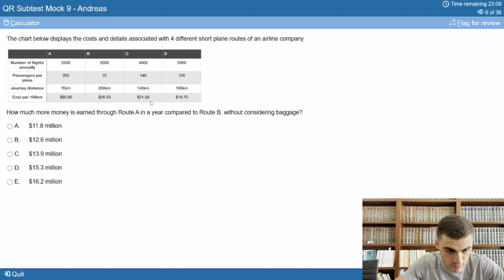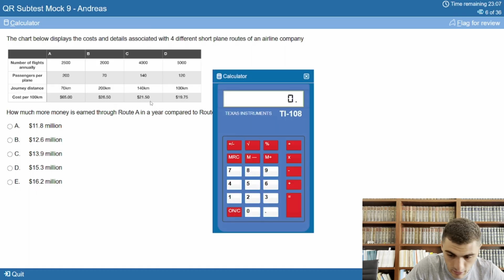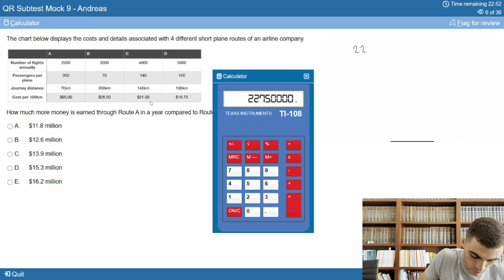Okay, so this will require many calculations, so let me do it quickly. So it's 2500 times 200 times, so it's 0.7 times 65. So writing that number down, 22,750,000.